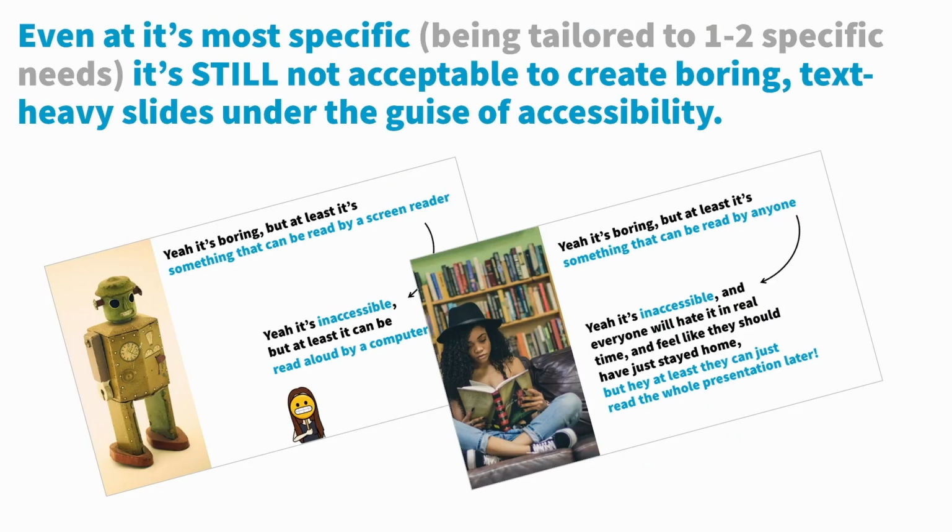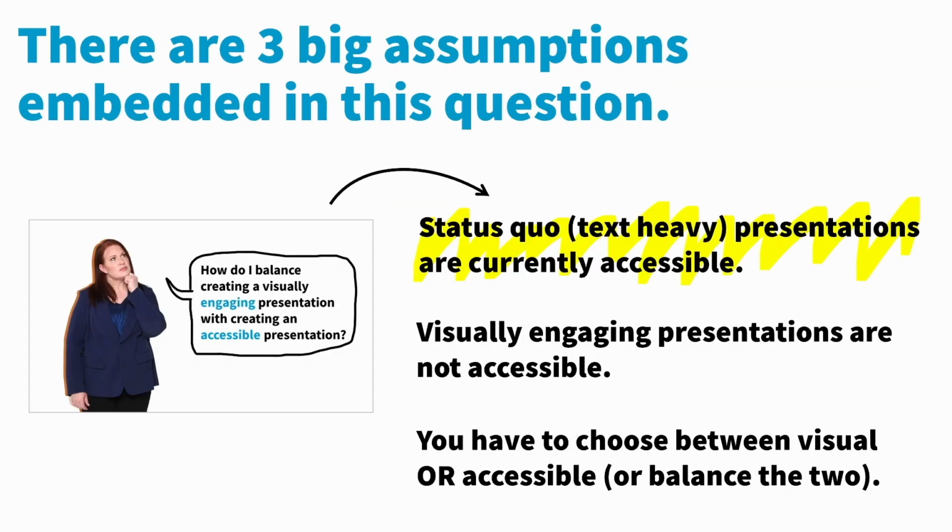So yeah, even at its most specific, where it's being tailored to like one to two very specific, narrow needs or disabilities, it is still not acceptable to create boring, text-heavy slides under the guise of accessibility. So back to our assumption. The assumption that the status quo text-heavy presentation style is currently accessible.